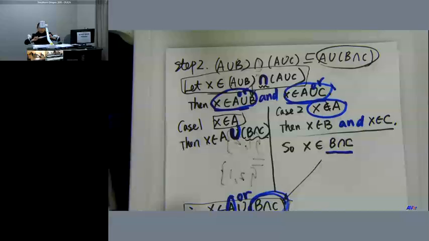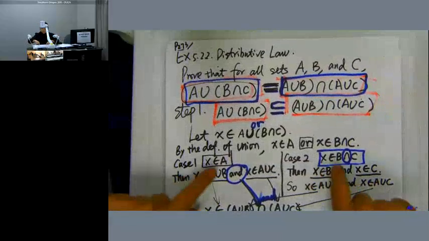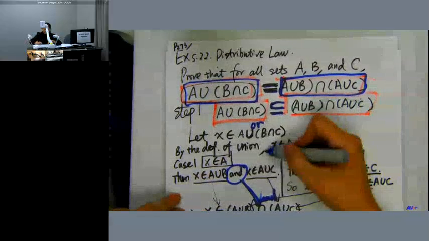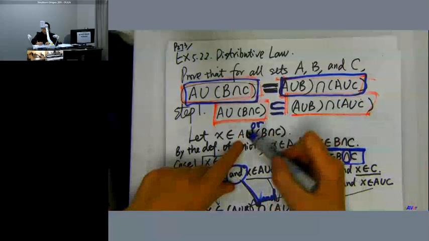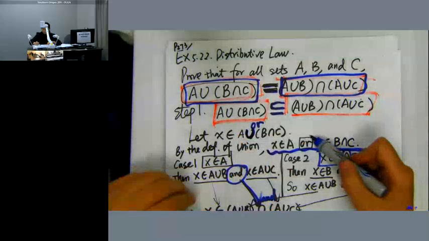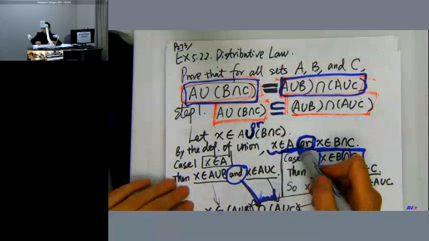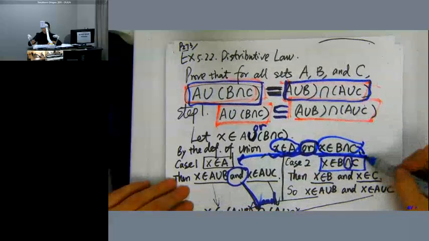When we go back to look at step 1, I also did two cases. But these two cases are not because of what I need to prove, but because of the conclusion that followed from the assumption, because that symbol means or. Or just means you're going to have two cases. Either X is in A, the first case, or X is in the intersection, the second case.